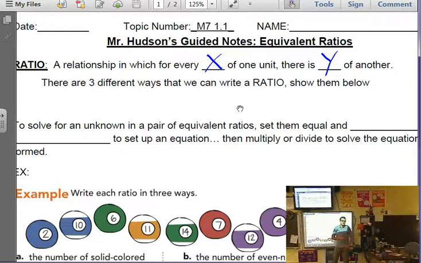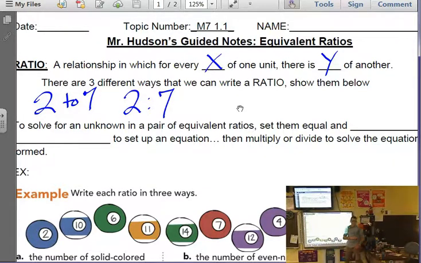Let's pick two numbers. 2 and 7. So we would say 2 to 7. We could say 2 colon 7. Or we could do 2 over the 7 and write it set up like the horizontal or the vertical division.